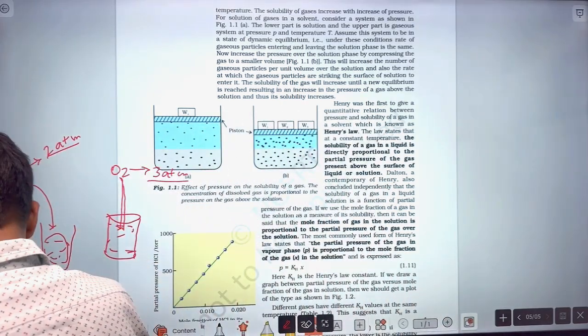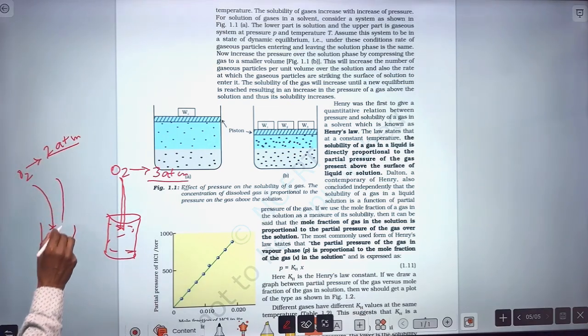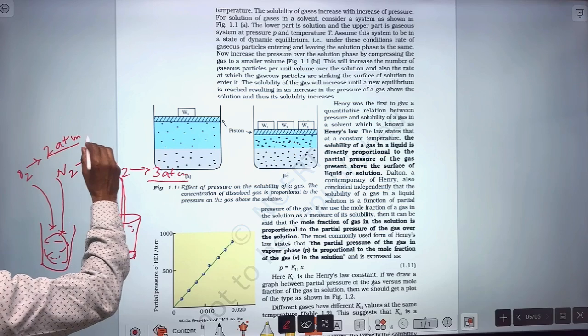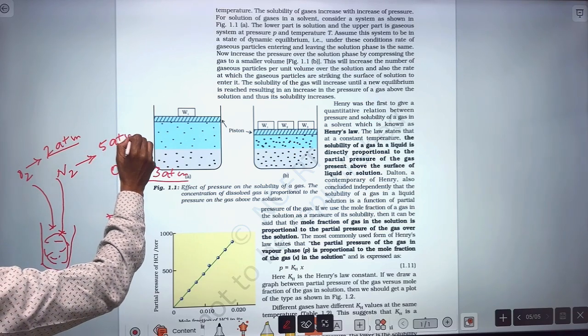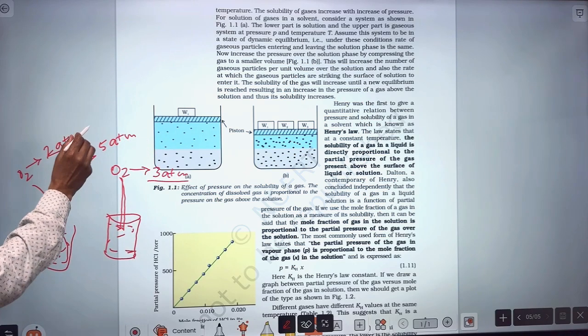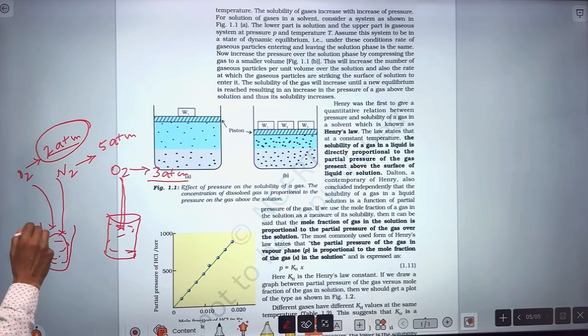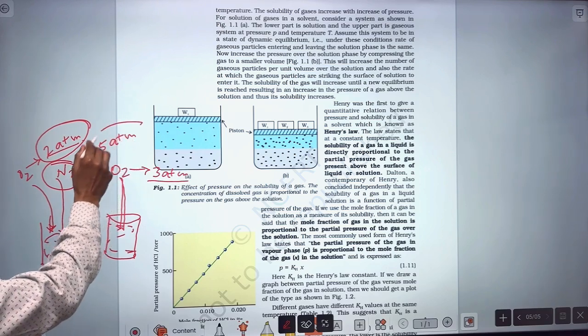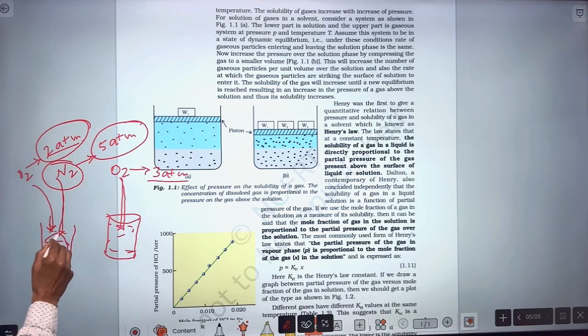Suppose oxygen is exerting pressure, and nitrogen is also exerting pressure. The pressure exerted by oxygen is 2 atm, so the partial pressure of oxygen is 2 atm. The pressure exerted by nitrogen is 5 atm, so the partial pressure of nitrogen is 5 atm.